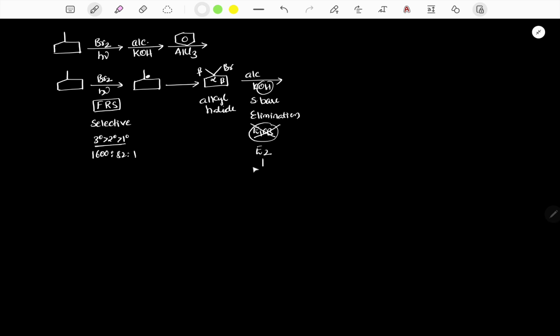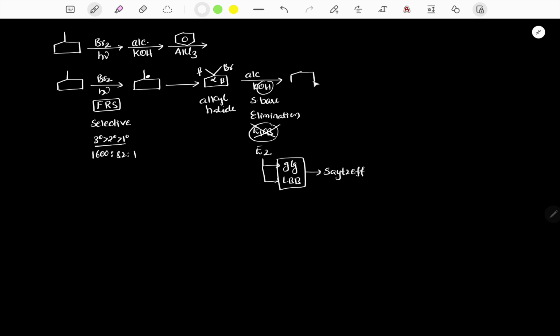Now in E2 we have the condition: good leaving group and less bulky base. It gives the corresponding Saytzeff alkene as the major product.